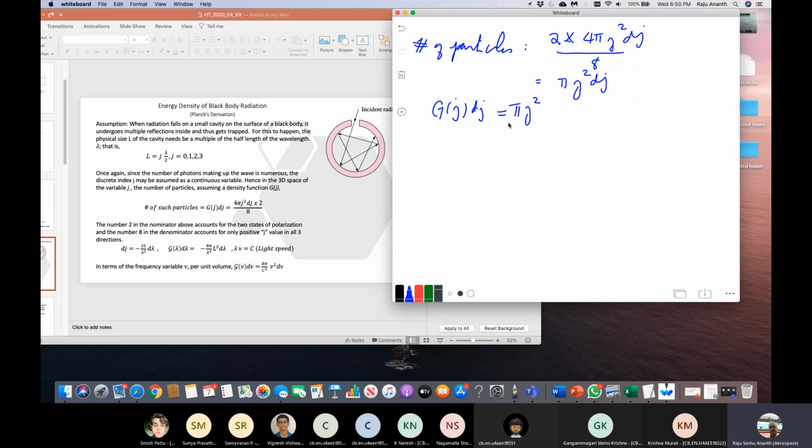So I'm going to convert this into the wave number. How do you convert? This is like a space variable. How do I convert this? The space variable is related to the frequency variable by the velocity of light.